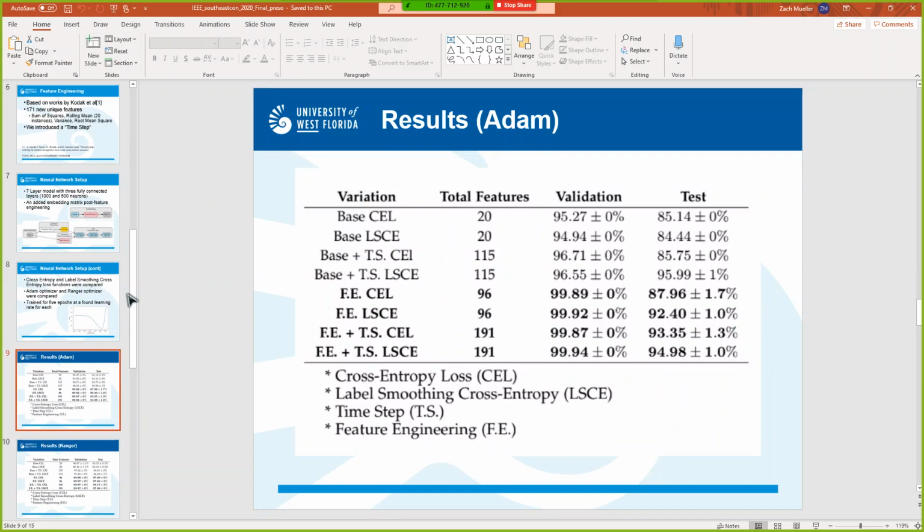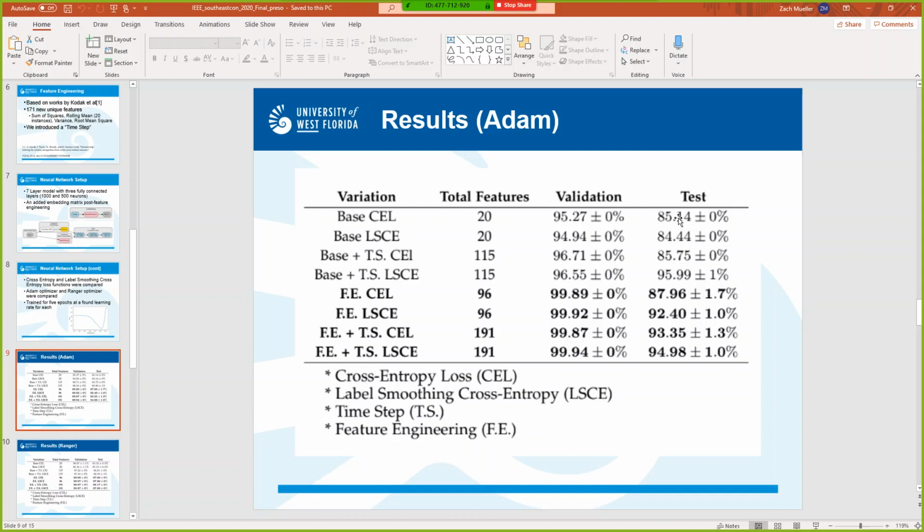Now for the results, we looked at first just the baselines, and then adding the time steps in, adding in the feature engineering, and then the feature engineering plus this time step. At first, we got about 84 to 85% on the test data.